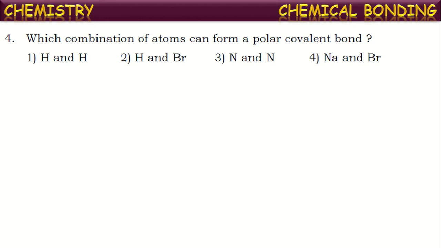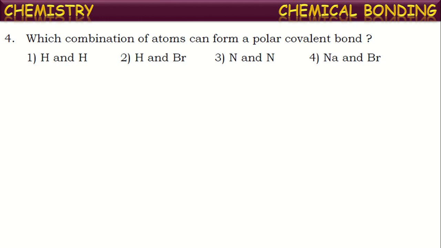So if atoms of different elements, or atoms with different electronegativities, participate in covalent bond formation, then the atom with more electronegativity pulls the pair of electrons towards it and hence results in the formation of a polar covalent bond. Observe the given molecules: in the molecule in which two atoms with a difference in electronegativity are present, that will be a polar covalent bond.